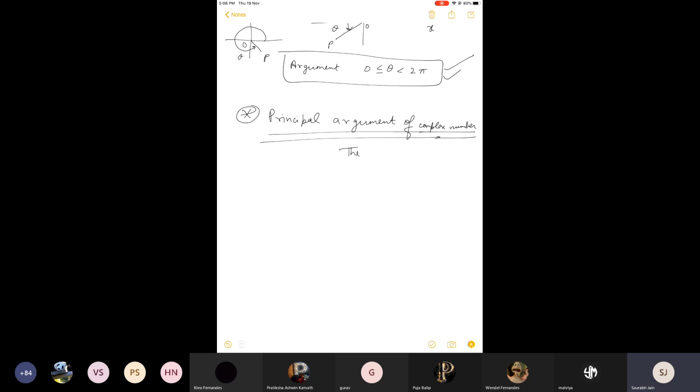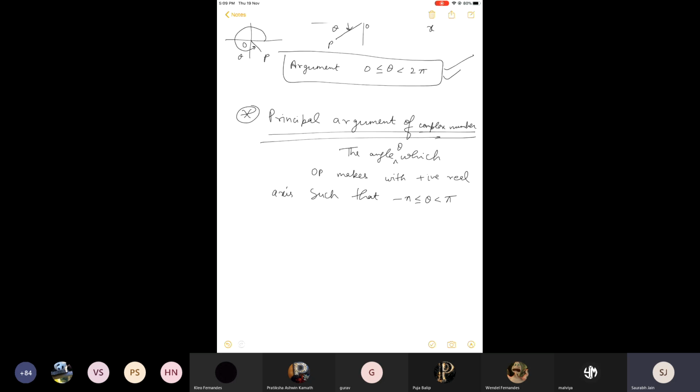So the angle which OP makes, now you know what is OP, with the positive real axis. Let me give a name to this angle, the angle theta. The angle theta which OP makes with the positive real axis such that, now here also this interval is extremely important, such that minus pi to pi.